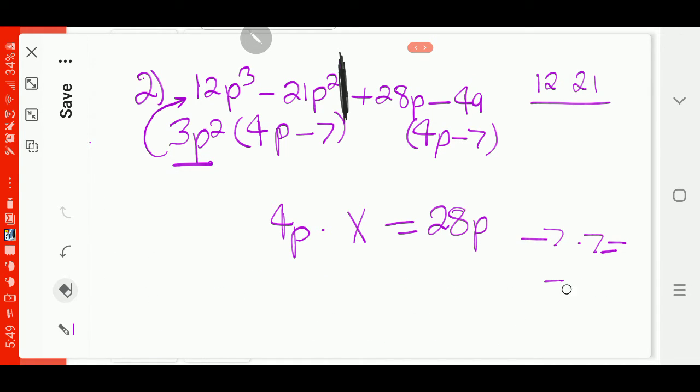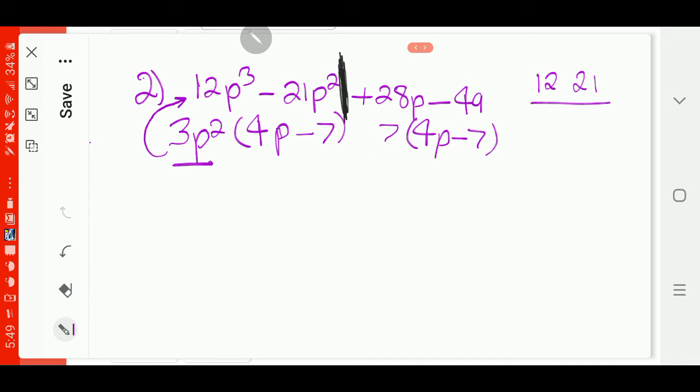Just give me a moment. Un momento, as they say in Spanish. All right, so now we know that it is 7. And to determine our sign, positive 7 times 4 gives us our 28. Positive 7 times our negative 7 gives us our negative 49. So our sign is positive.